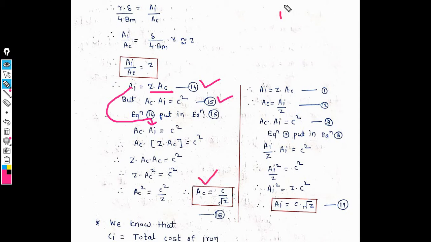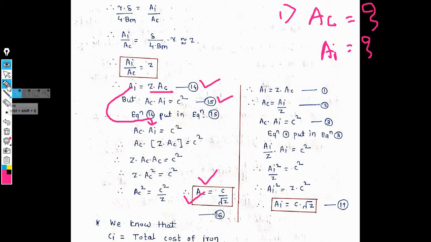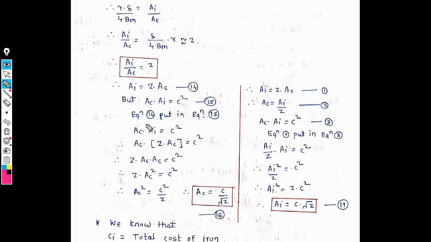For the minimum cost of the transformer, we first have to find the value of AC, which is very important. Then we find AI, which is also very important. In one equation we have arranged for AC, and in the other we arrange for AI.